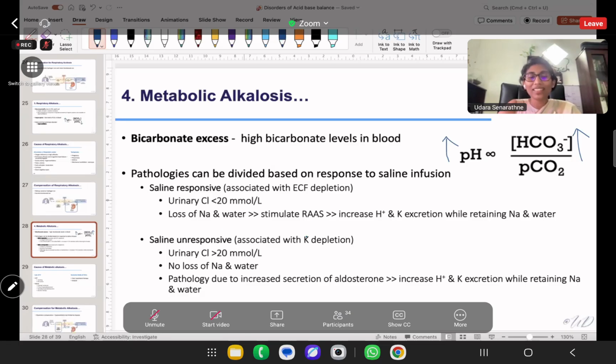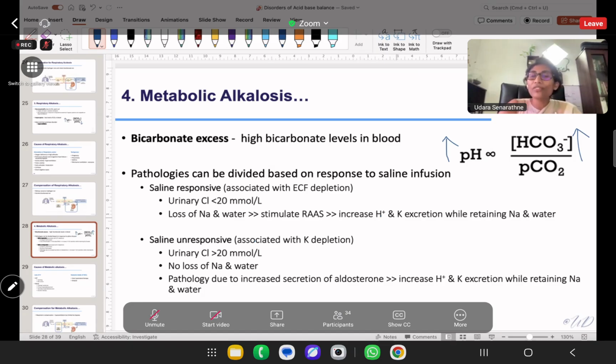So if there is extracellular fluid depletion, you will have loss of sodium and water, which will stimulate RAS, and that is the renin-angiotensin-aldosterone system, which will increase H+ and potassium excretion while retaining the sodium and water.